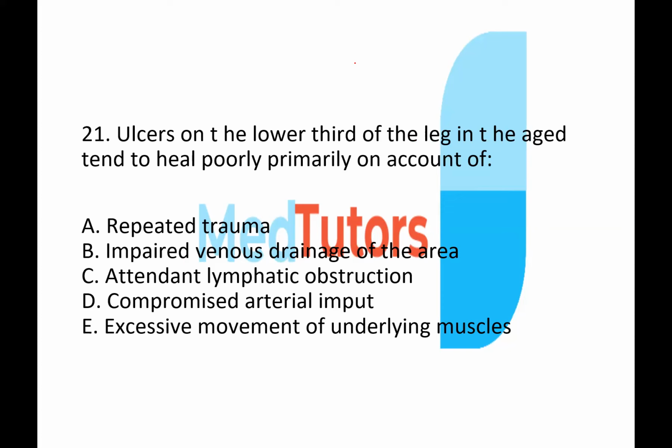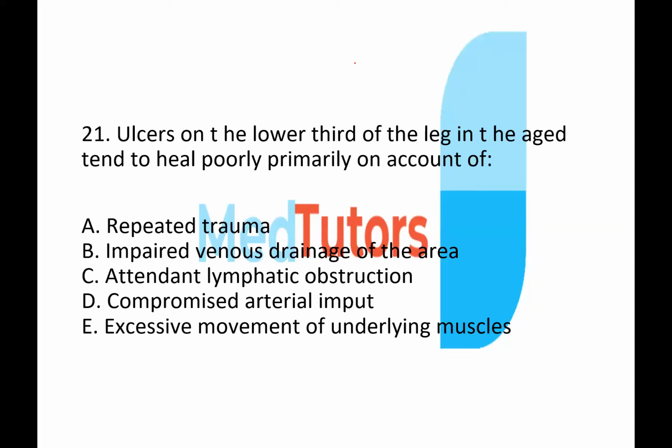Ulcers on the lower third of the leg in the aged tend to heal poorly primarily on account of what? Why do their ulcers heal poorly? A, repeated trauma. B, impaired venous drainage in the area. C, attendant lymphatic obstruction.